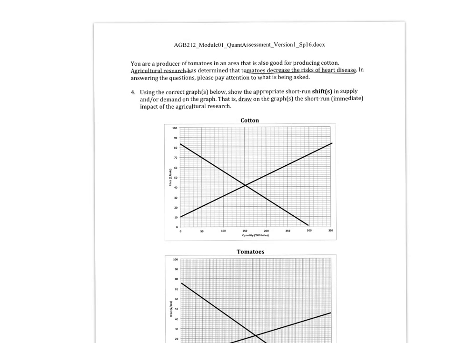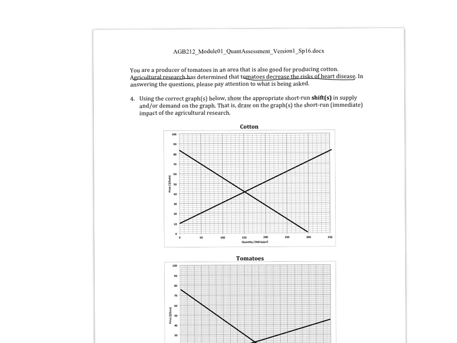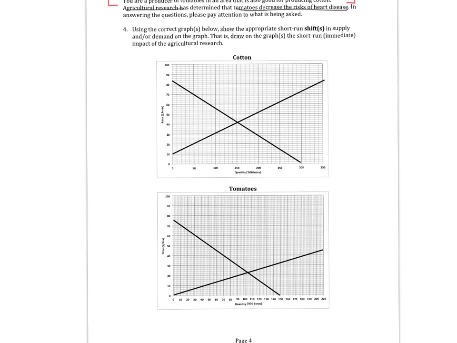It's important to note that I'm giving you some information regarding how cotton and tomatoes are related. The question is, is this information relevant or not to the question I'm asking? So basically what you have to do is use that information regarding the impact of agricultural research, that tomatoes decrease the risks of heart disease.